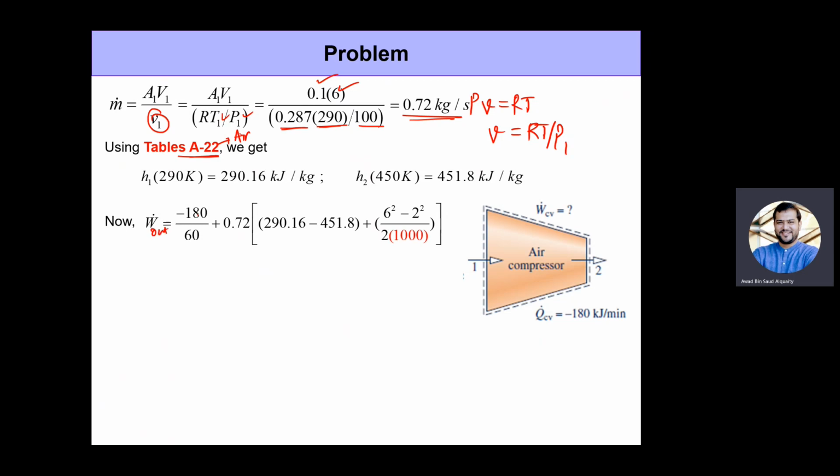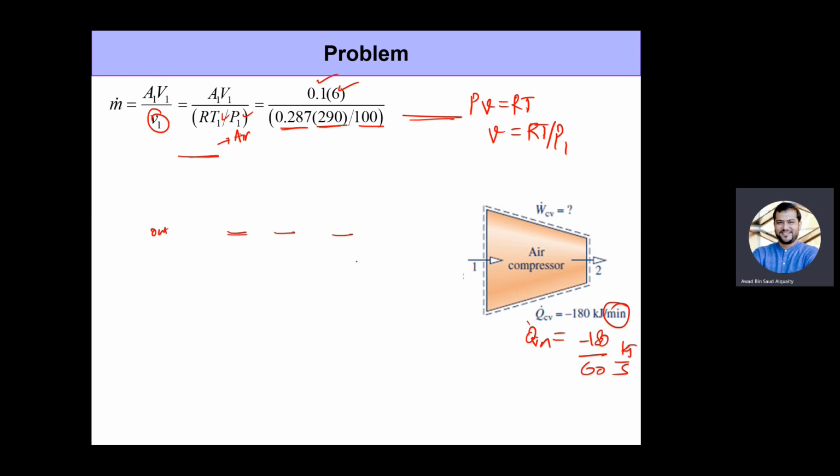So work output is equal to Q in, right, which is basically minus 180 kilojoule per minute. And since it's kilojoule per minute, we need to convert this into kilojoule per second. So Q in is minus 180 by 60 kilojoule per second plus m dot times h1 minus h2 plus v1 squared minus v2 squared by 2, right?